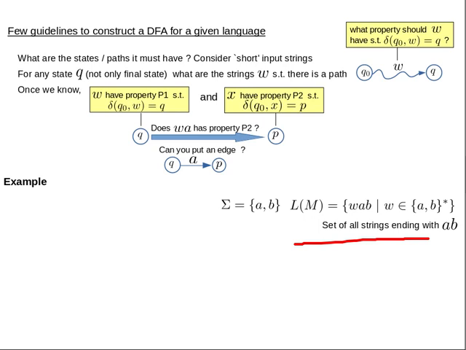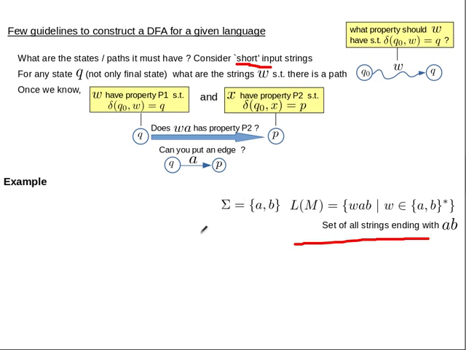You need to solve each problem separately, but still some general guidelines help, and this is how you can approach many of the problems. First of all, from the given language, you try to figure out what strings are in the language, some specific examples, some short input strings, right?